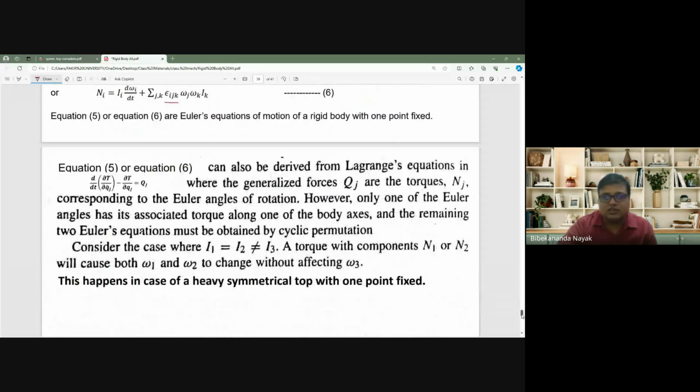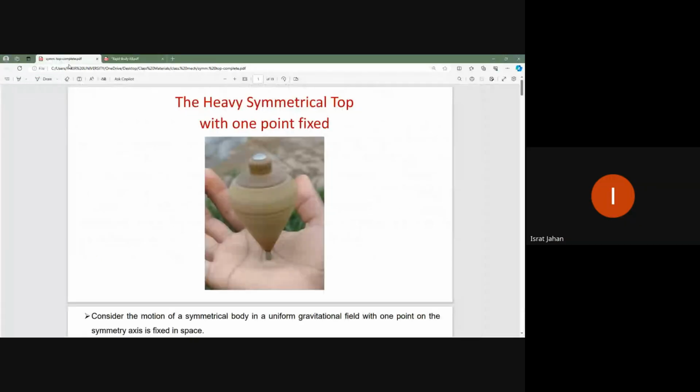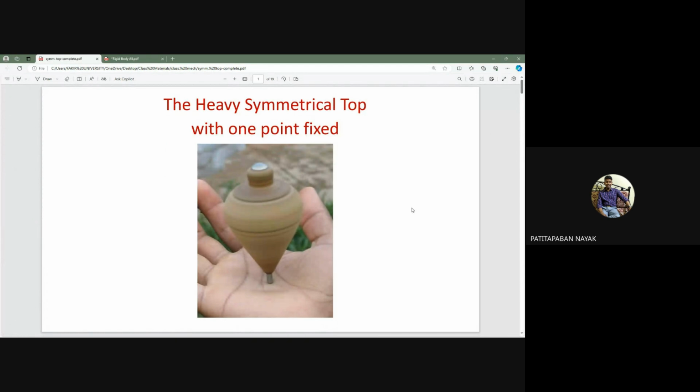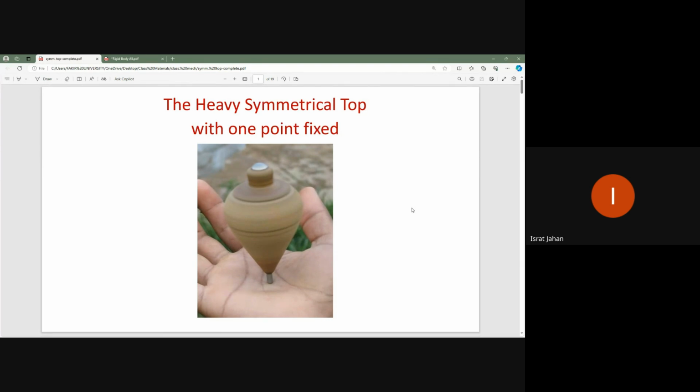We discussed that, that is your symmetric top, heavy symmetrical top. Next thing is heavy symmetrical top. Yes, sir. The last part is heavy symmetrical top. Actually, one example is your top, a child's top, which is an example.